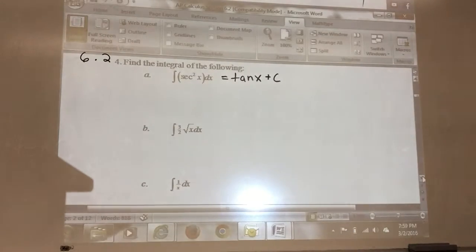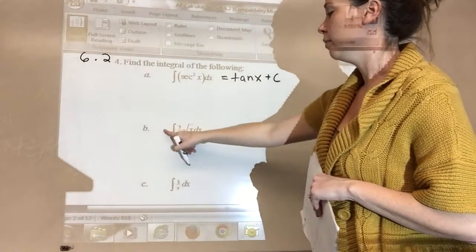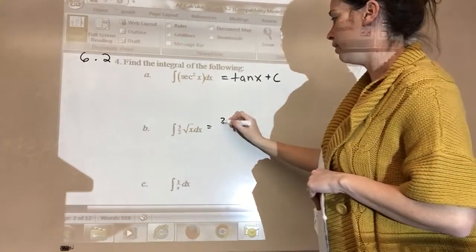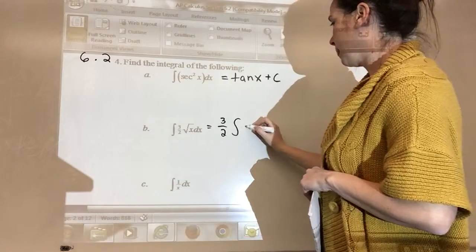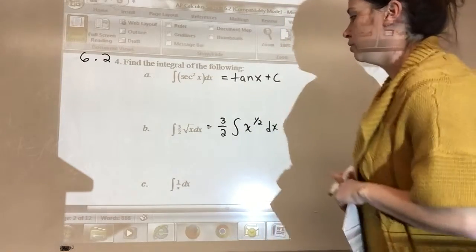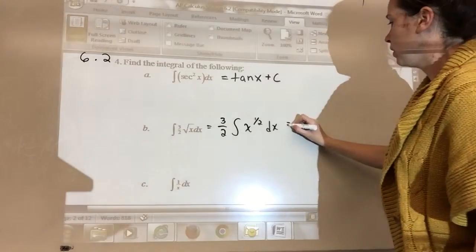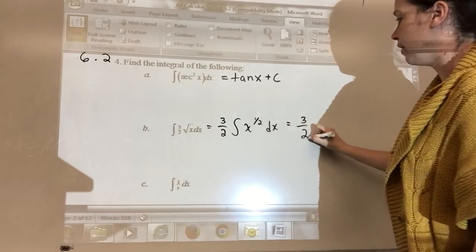Okay, with part B, we have 3 over 2, which is a constant, so the 3 over 2 can be pulled through. So let's take a moment and rewrite that. Okay, I'm also going to write x to the 1/2 power dx here, just to make everything simple. Okay, and then we're going to go through and take our integral. So there's the 3 over 2 sitting out front.